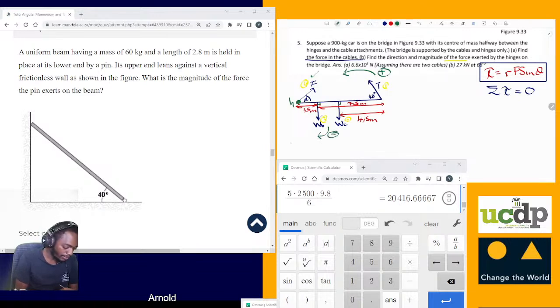So that means our torque due to the tension, sorry, it will be minus the torque due to WC minus the torque due to WB, which is equal to 0.